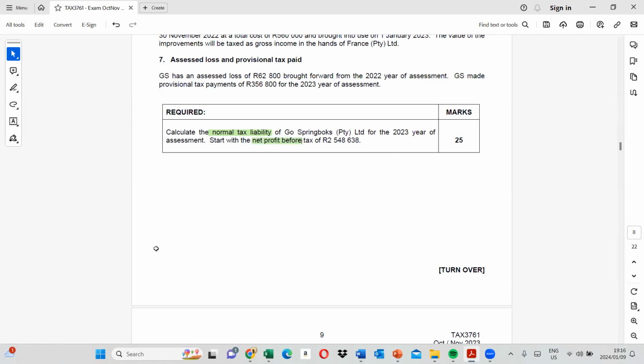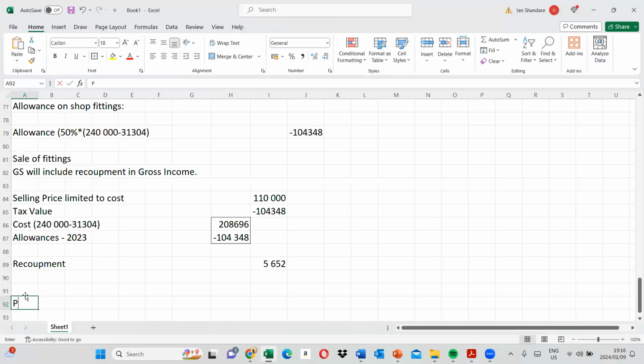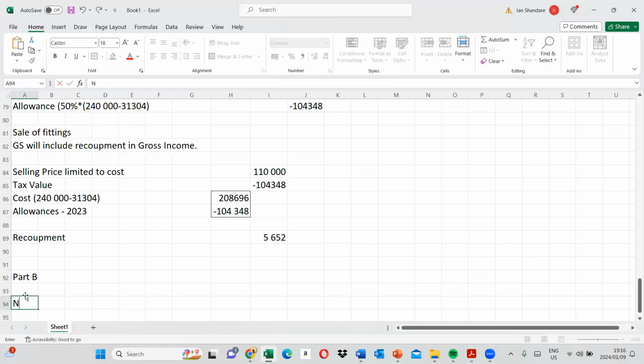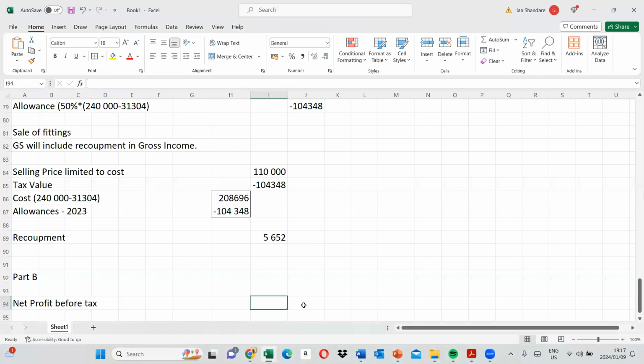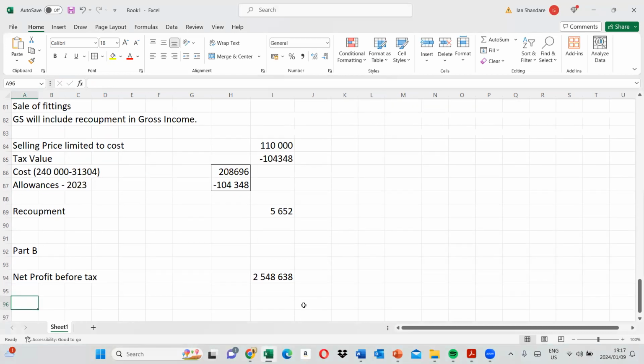In terms of this, the net profit before tax is 2,548,638. So that is our starting point.